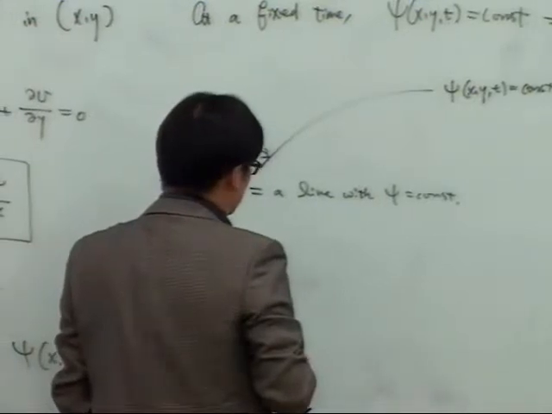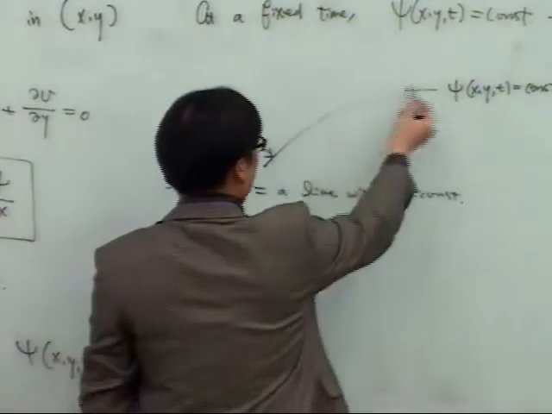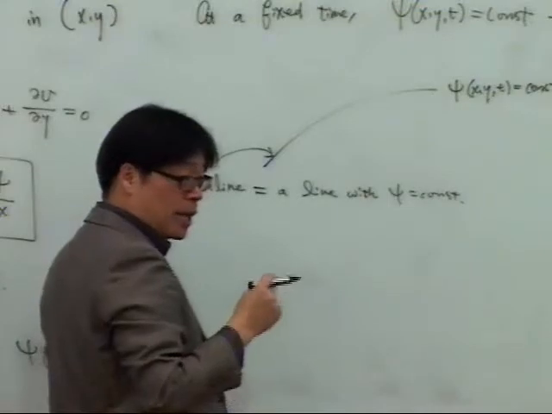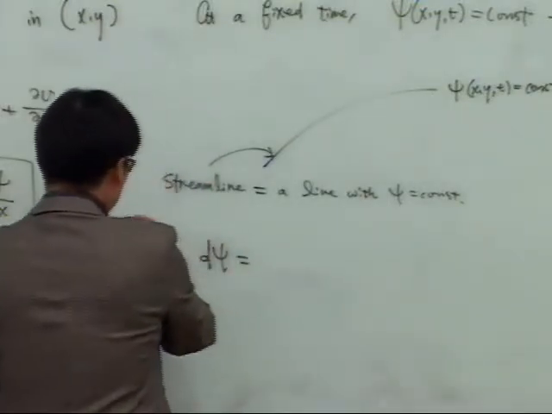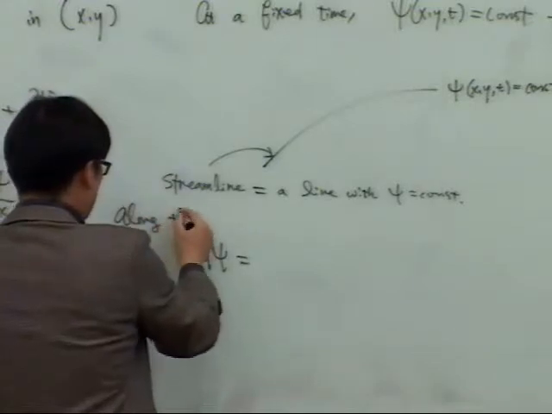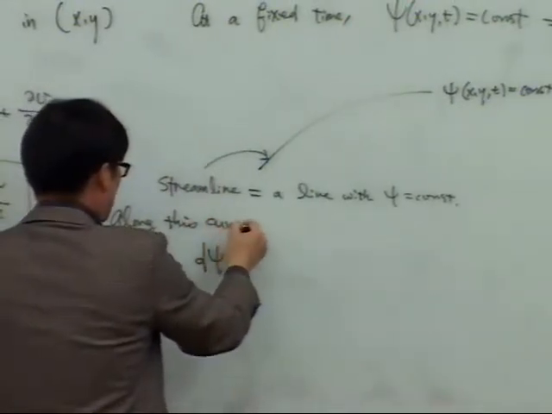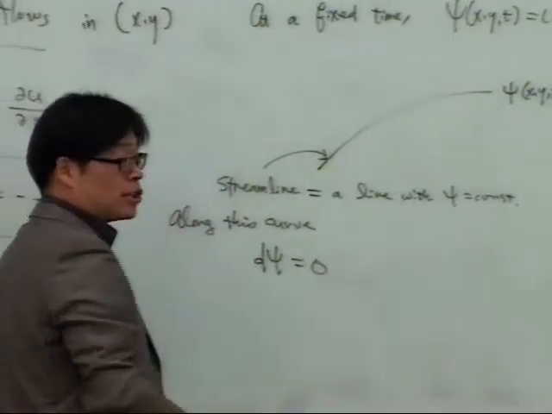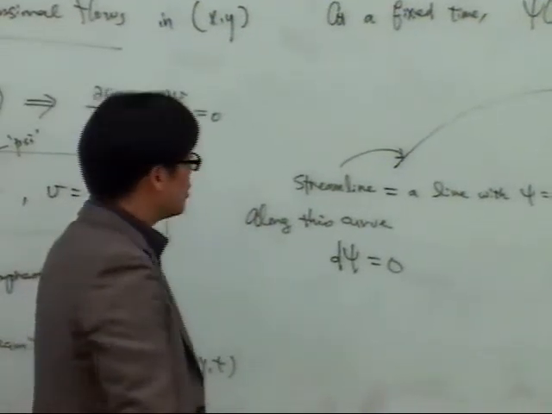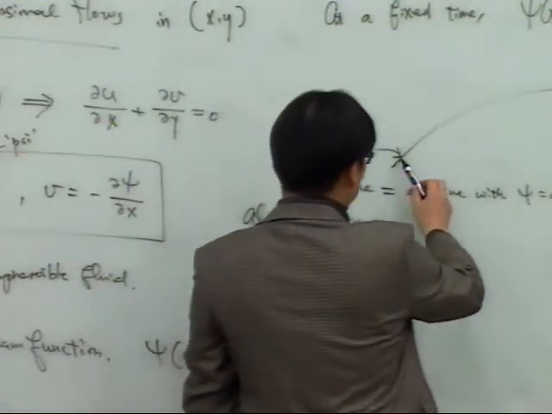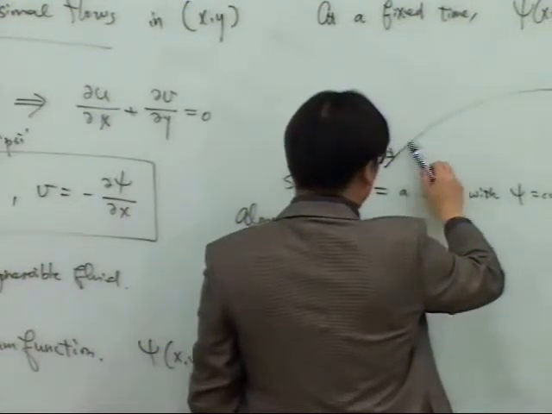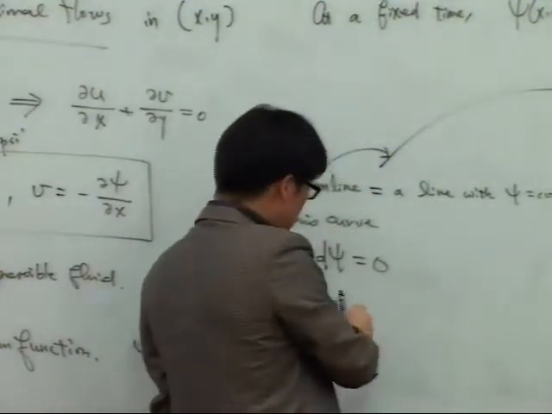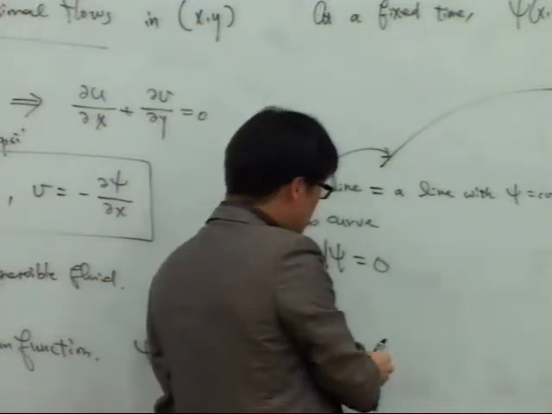What we can see is the following. Along this curve, psi is constant. So d psi, the variation of psi along the curve, doesn't change, right? Because I fix it, I have the same psi here, here, everywhere. If I move a little bit, psi would not change.